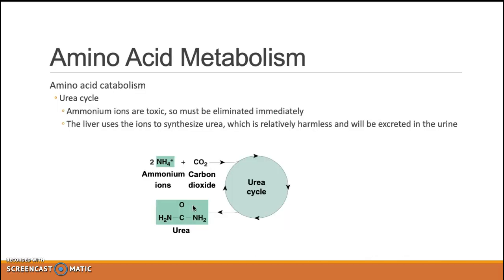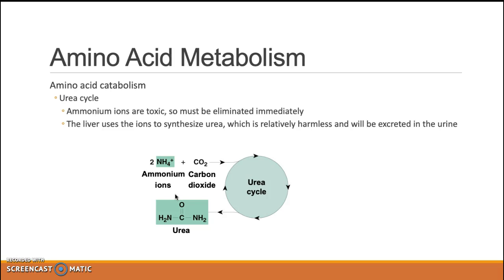However, the body does not like to use proteins or amino acids to make energy because remember that we had the carbon skeleton, but we also made the ammonium ion. And ammonium ions are toxic to the body, so we need to get rid of them immediately. So in transamination, the ammonium ion is removed, but then added immediately to another organic acid.